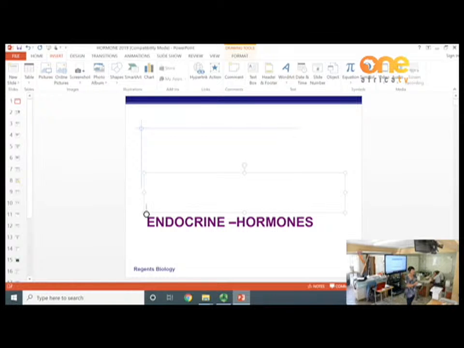The ones that control sugar levels. And their names were, with an I, insulin and glucagon. And lately, just last week, we did ADH, antidiuretic hormone, that controlled what? The water levels in the bloodstream.